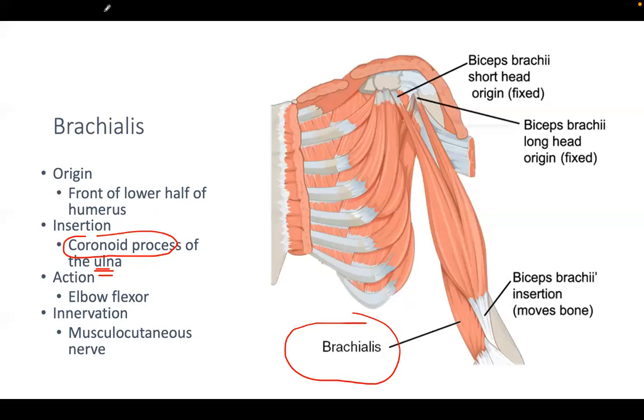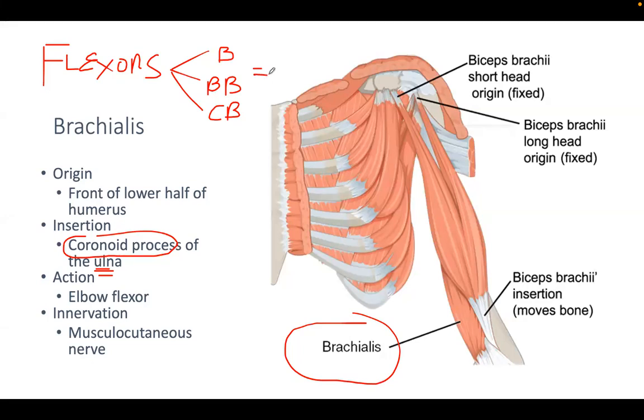Now, always remember this. What are the three major flexors of the arm? Can you enumerate three major flexors of the arm? Brachialis, biceps brachii. One more, you have the coracobrachialis. What is the common nerve supply of these three flexors?